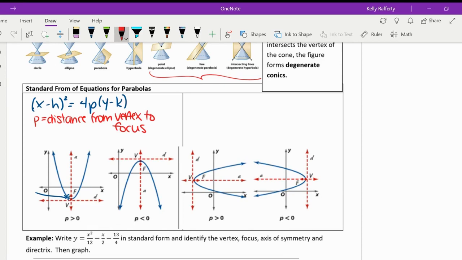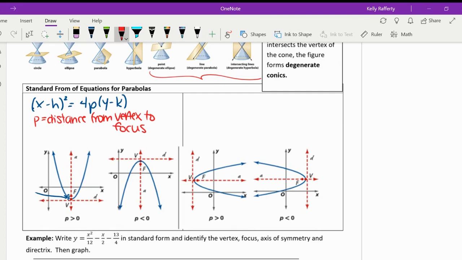And we'll see more about what the focus does, but the focus is inside the parabola, and it's important for distance. So hopefully you saw on our intro to parabolas that all the points on the parabola are equidistant from the focus to the directrix, which we will draw in our first example next.